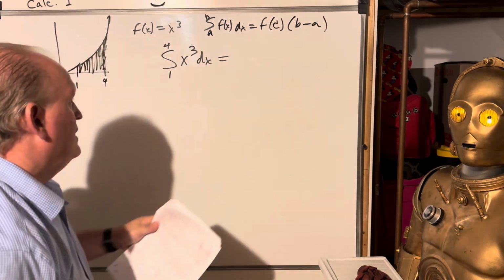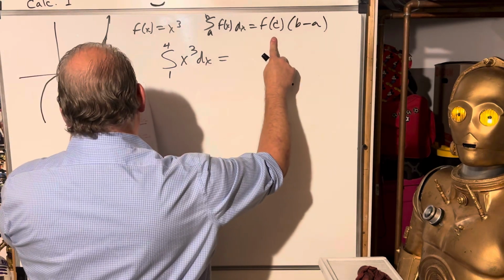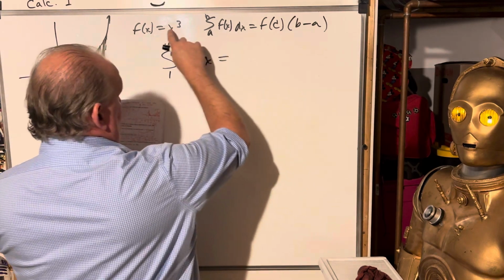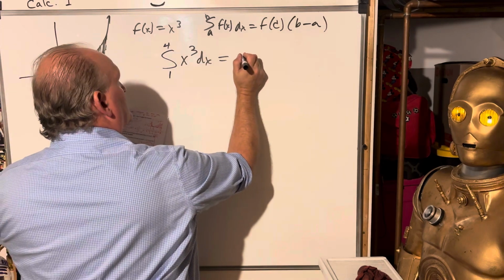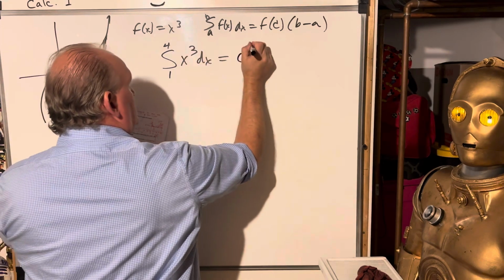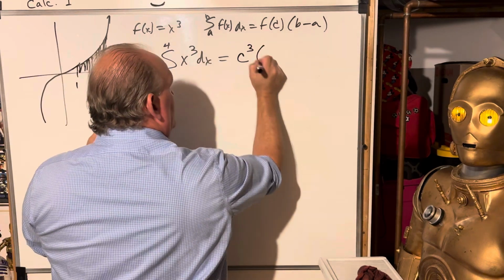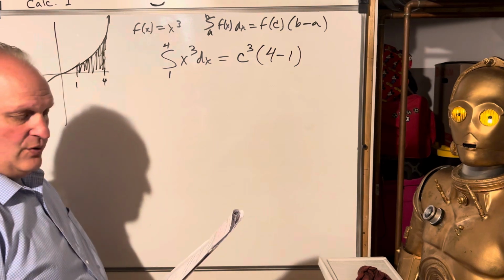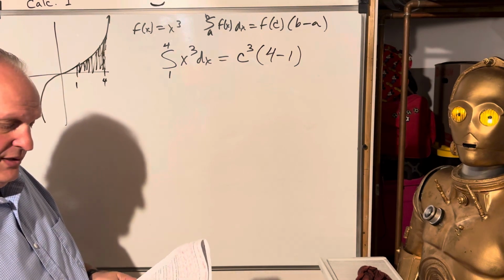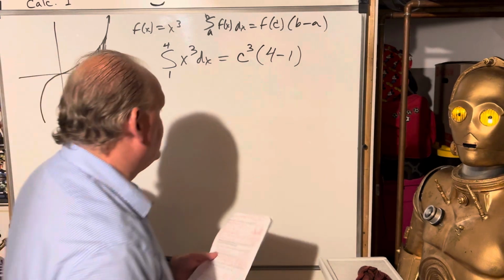So basically what we're saying is this thing has to equal f of c, which is f of x, so just c cubed, whatever that function is but with a c on it, times 4 minus 1.